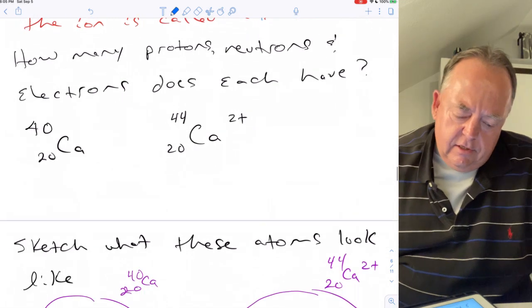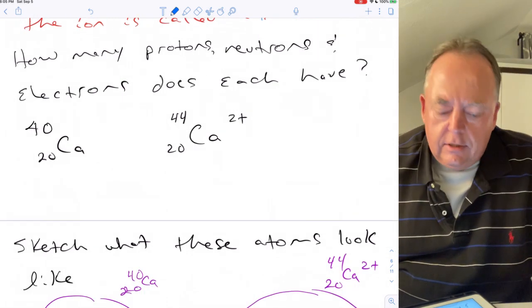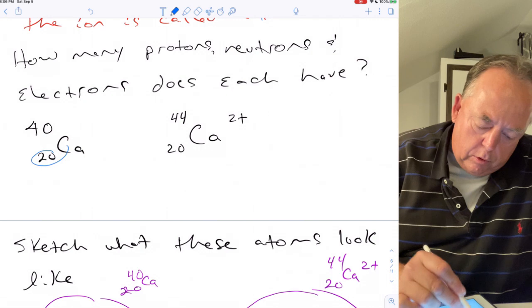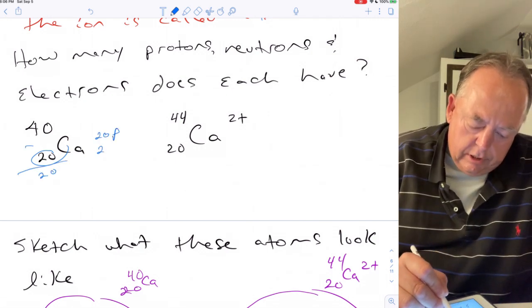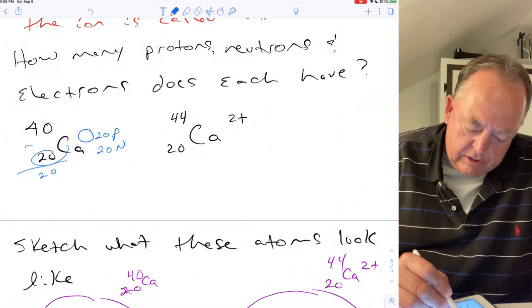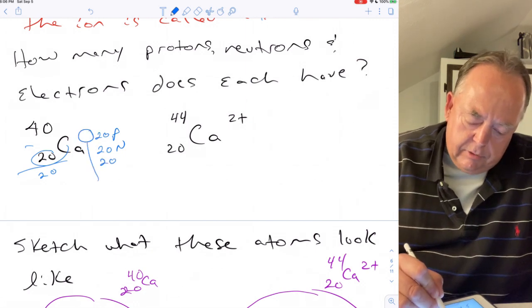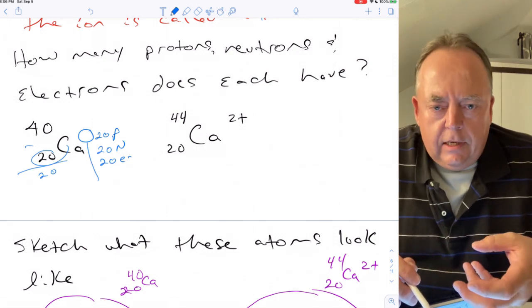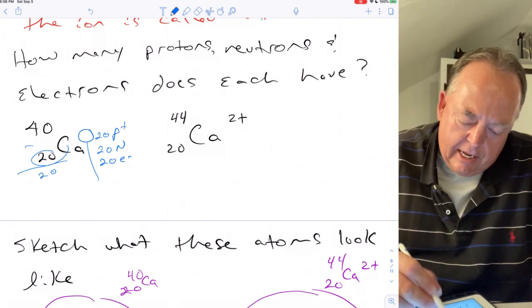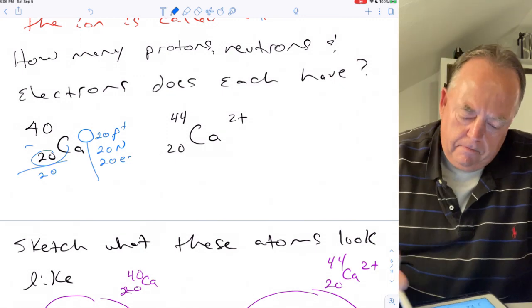Okay, so if we take these, how many protons, neutrons, and electrons does each have? So 20 protons, and we subtract the 2, so 20 neutrons, and there is no charge here, so there must be 20 electrons, right? If there's no charge, then it's got the same number of protons and electrons. That way the positives and the negatives cancel each other out.